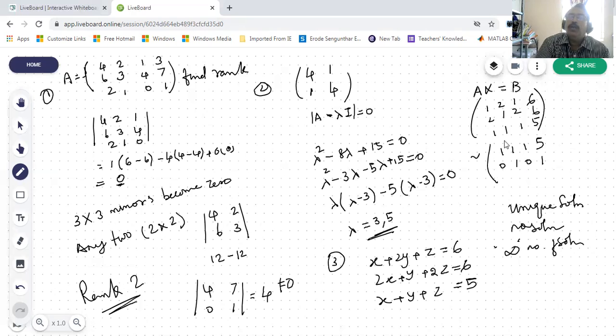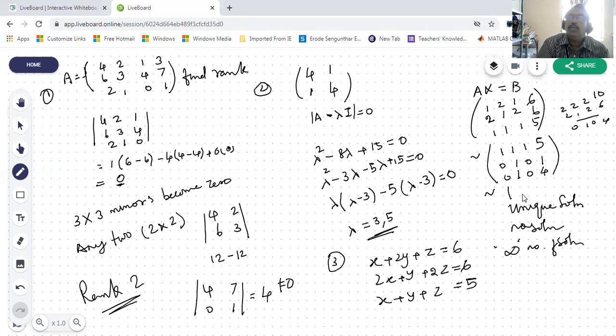Okay, second one, here it is 2. You multiply by 2: 2 2 2 10, and subtract from 2 1 2 6, which gives 0 1 0 4. Again you do the process.